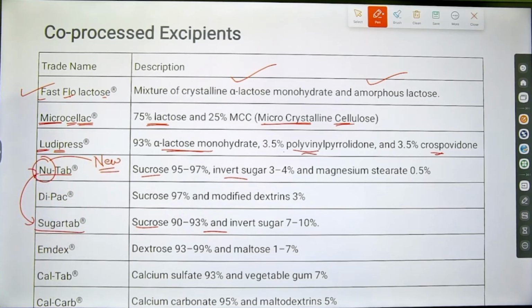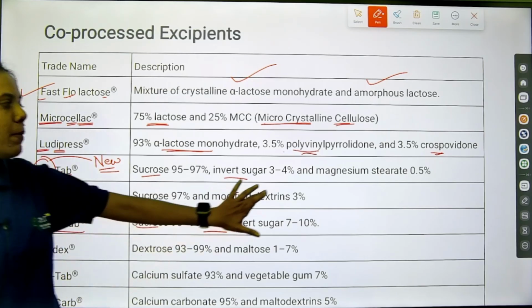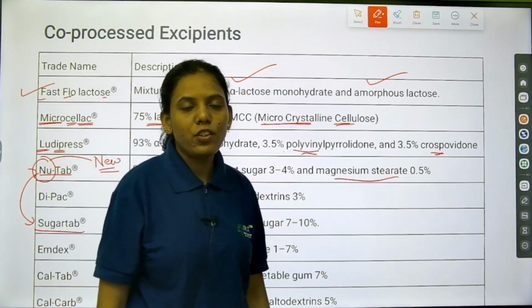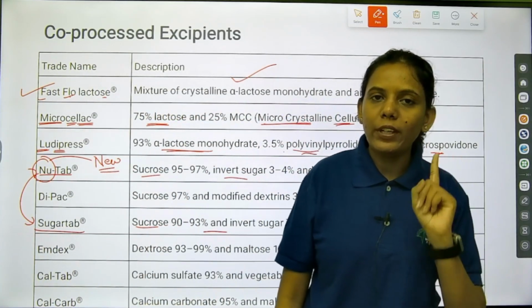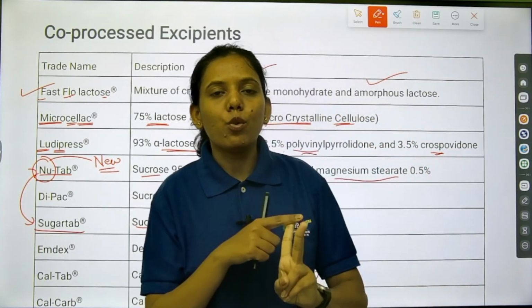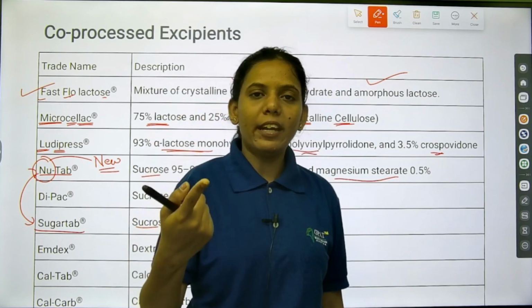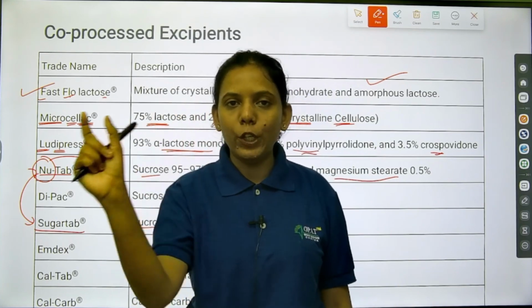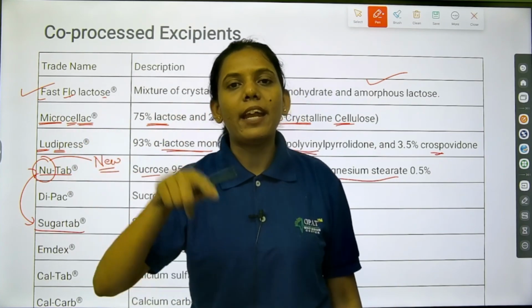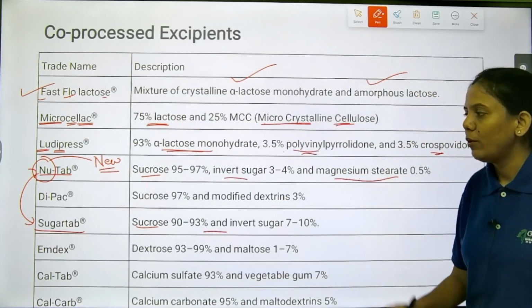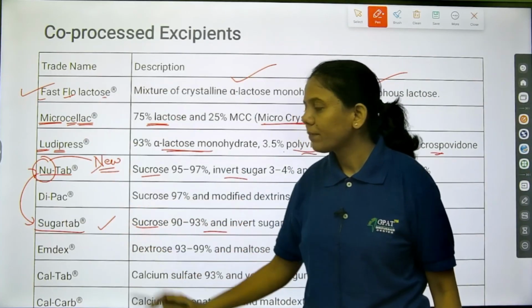In NuTab, one new or additional ingredient is present, that is magnesium stearate. So you have NuTab and SugarTab in which sucrose and invert sugar are present, but in NuTab one new ingredient is present. Remember, new and new: the new ingredient is magnesium stearate. Okay, so these 2 are done.